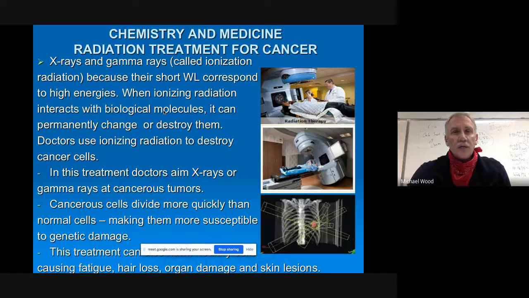When ionizing radiation interacts with biological molecules, it can permanently change or destroy them. That's why doctors use that. The unfortunate part is that they not only kill the cancer cells, they also kill the good cells, and that's why sometimes people get sick with it.